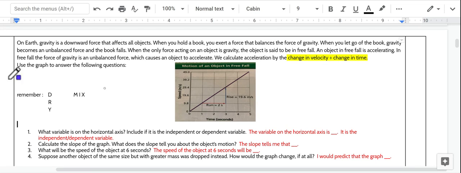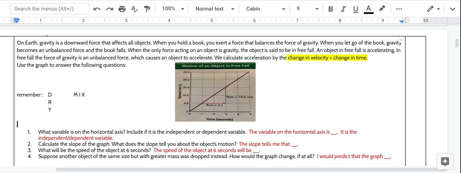So let's read the little story part here. It says, on Earth, gravity is a downward force that affects all objects. When you hold a book, you exert a force that balances the force of gravity. When you let go of the book, gravity becomes an unbalanced force and the book falls.